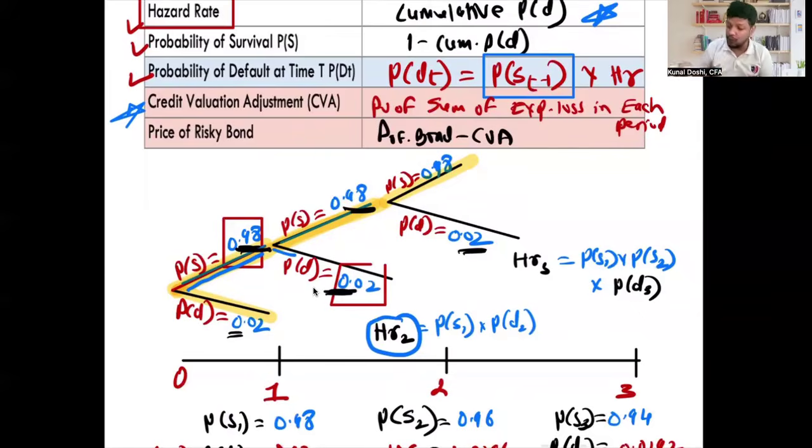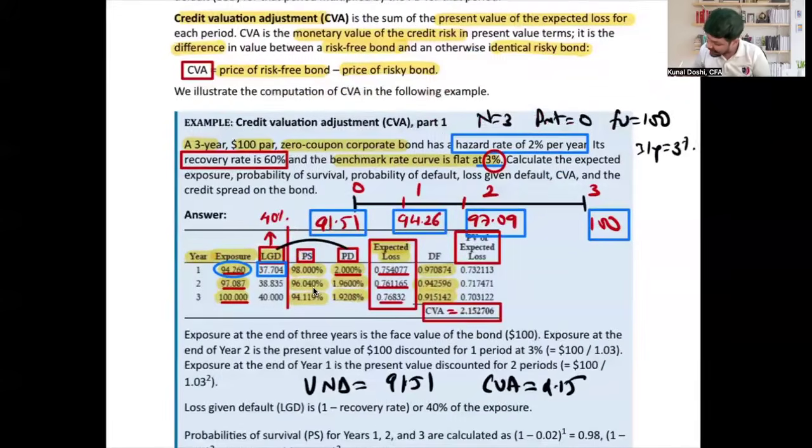That is 1.92 percent. That is going to be your probability of default. Once you get this probability of default and the loss given default, these two things will give you your expected loss, and the present value of your expected loss is your CVA.